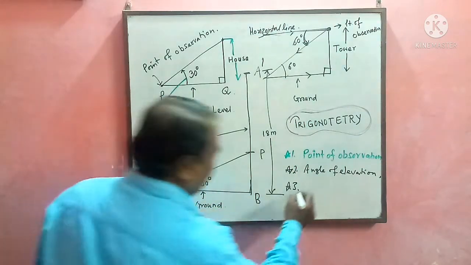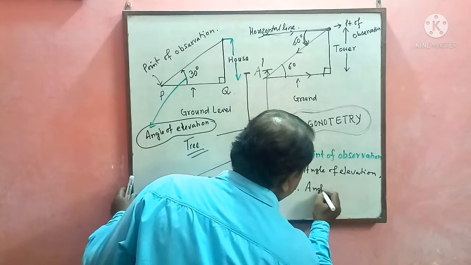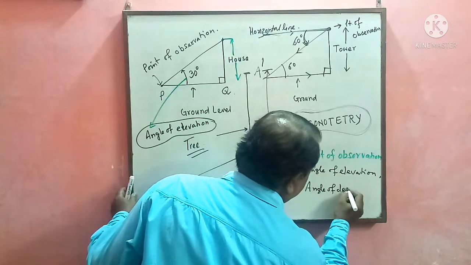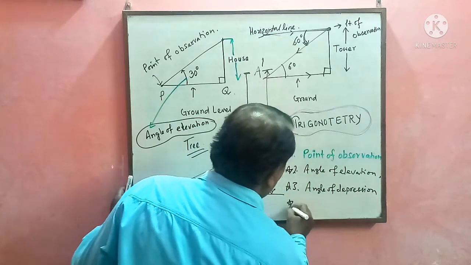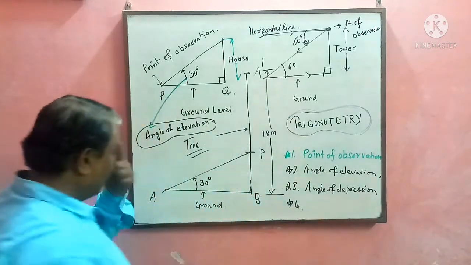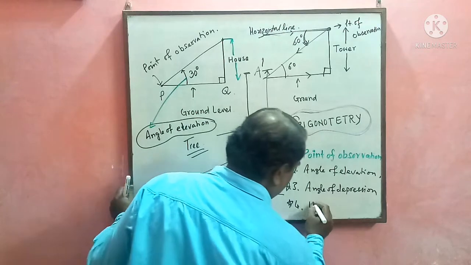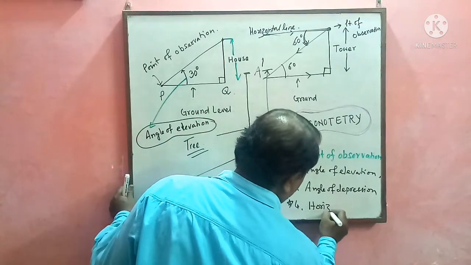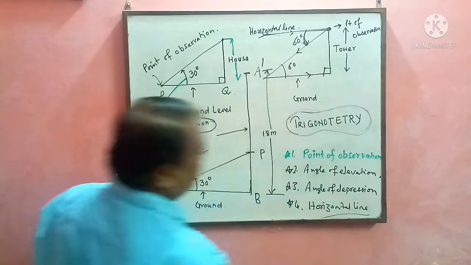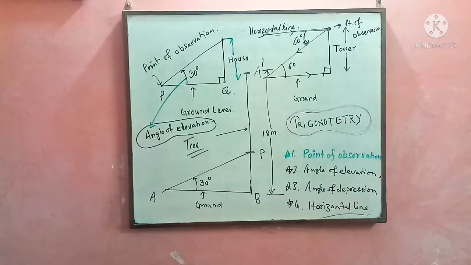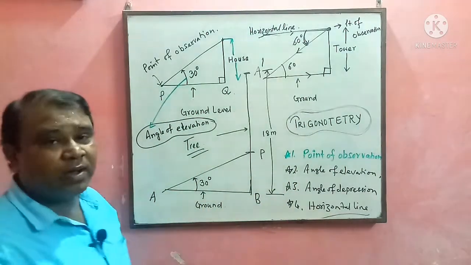This way it is your angle of depression. Depression. Fourth point: the horizontal line with which the angle is formed. Horizontal line.